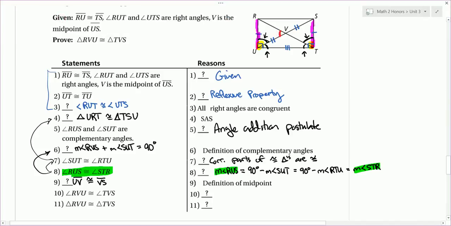That angle is congruent to angle TVS. Vertical angles are congruent.